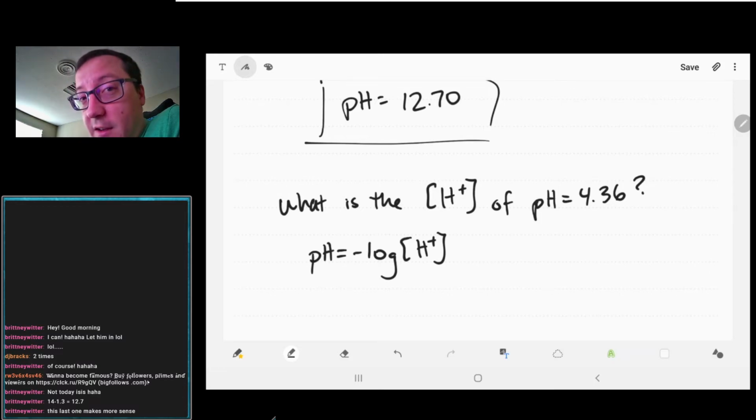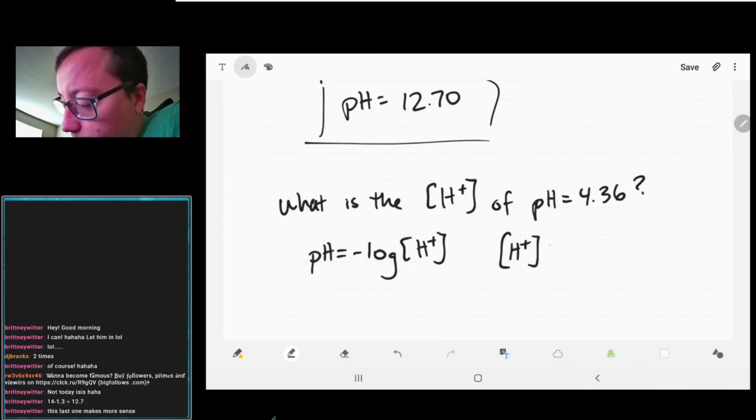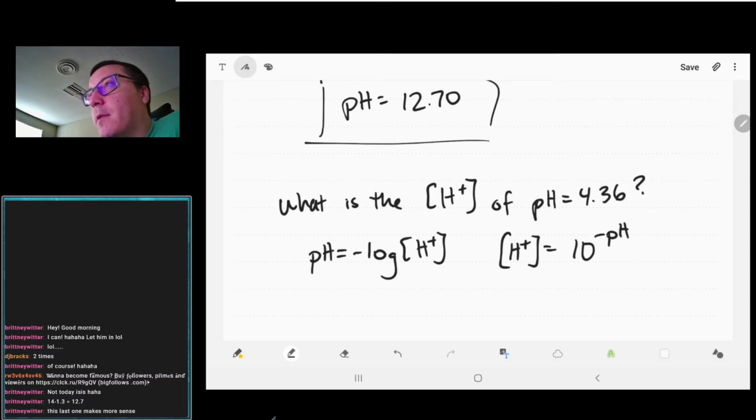And the opposite of the log function is going to be 10 to the. So on your calculator, usually on your log button, if you click shift or second, whatever one lets you use the stuff that's written at the top, you'll see that it will either say anti-log or a-log or 10 to the x.